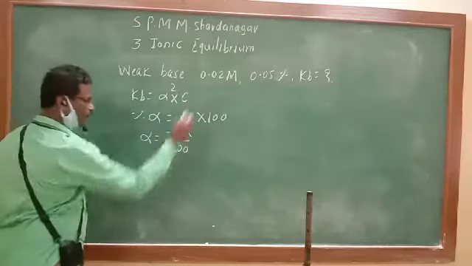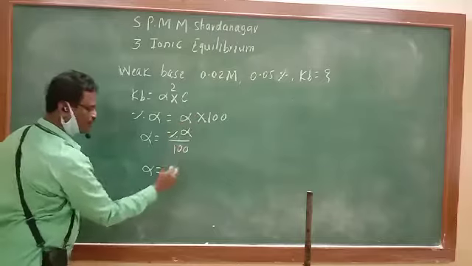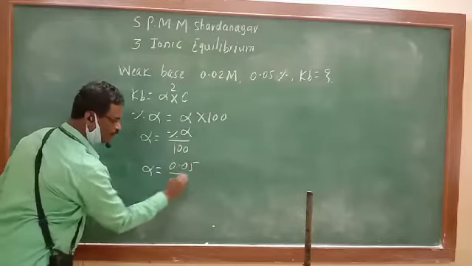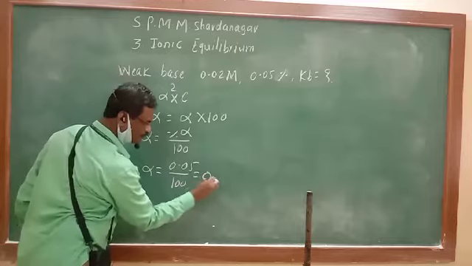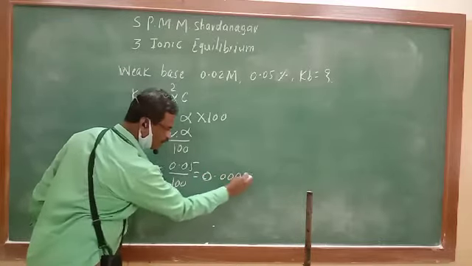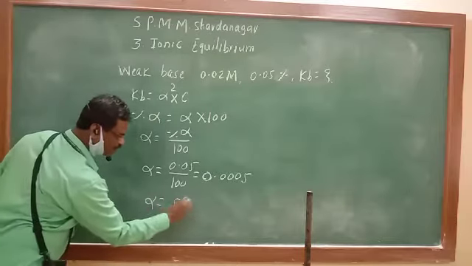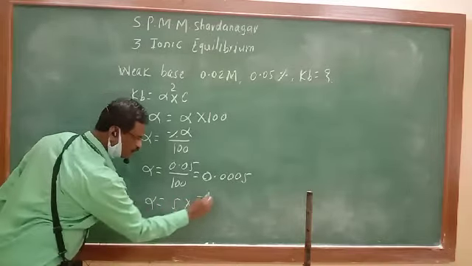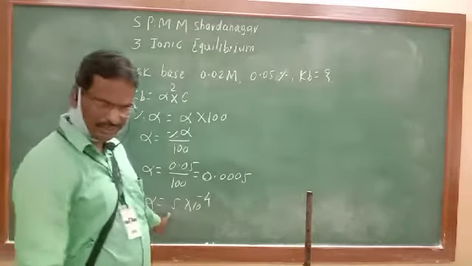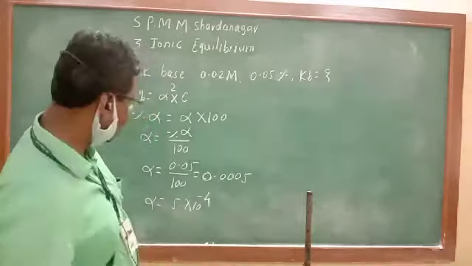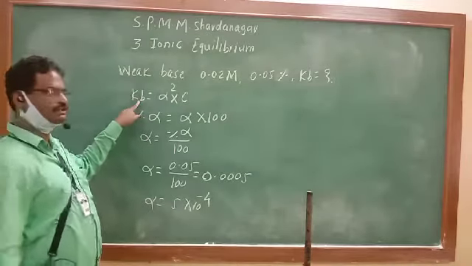Substituting the value of percent alpha, we get alpha is equal to 0.05 divided by 100, that is equal to 0.0005, or alpha is written as 5 into 10 raised to minus 4. This is the alpha, and we can now use it to calculate the dissociation constant.